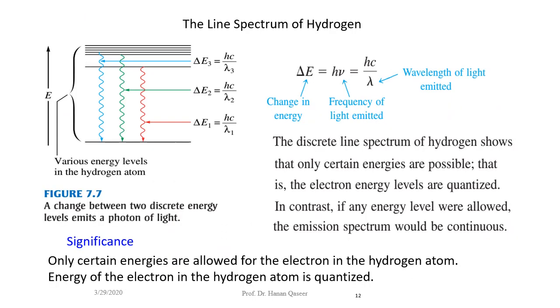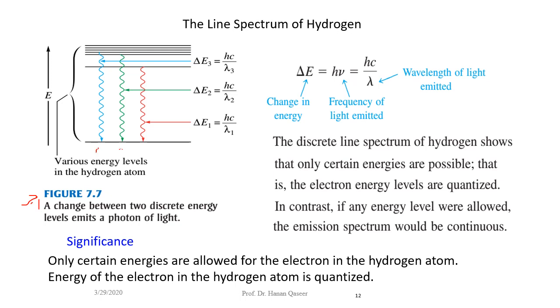Next, here in this slide we have the line spectrum of hydrogen. On the left hand side we have figure 7.7. It shows that a transition between two discrete energy levels emits a photon of light, and these are labeled by red color, green color, and blue color.